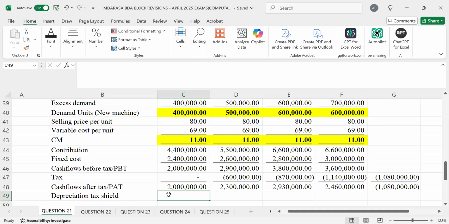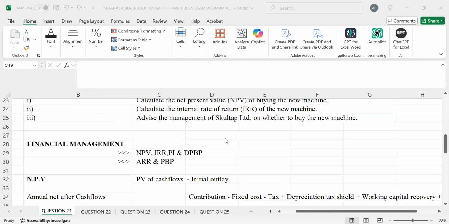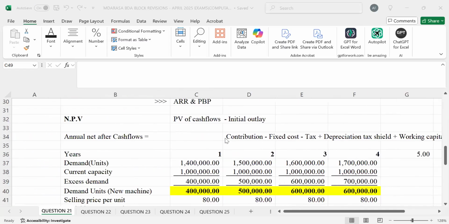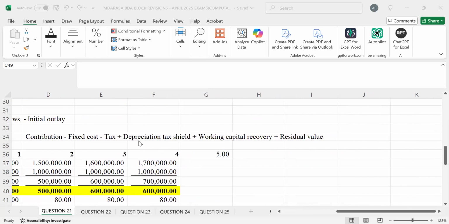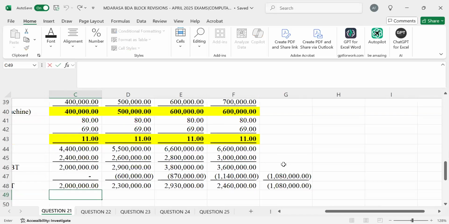So we need to consider the depreciation tax shield. For us to determine our annual net after tax cash flows, we take contribution minus fixed cost minus tax plus depreciation tax shield. And that is what we need to consider now.